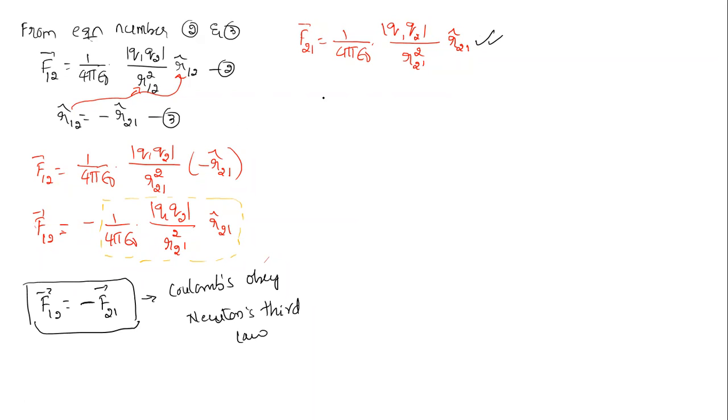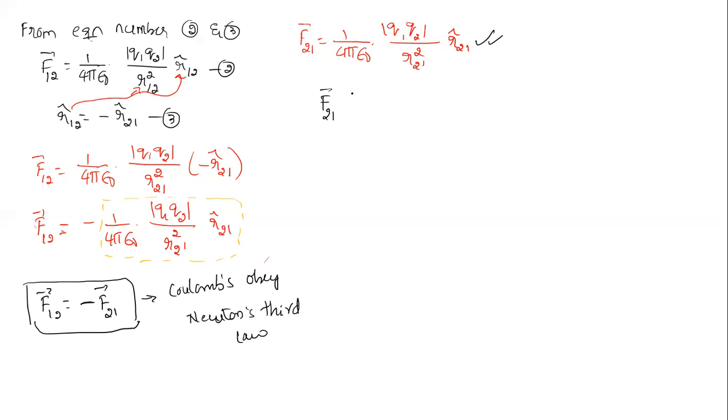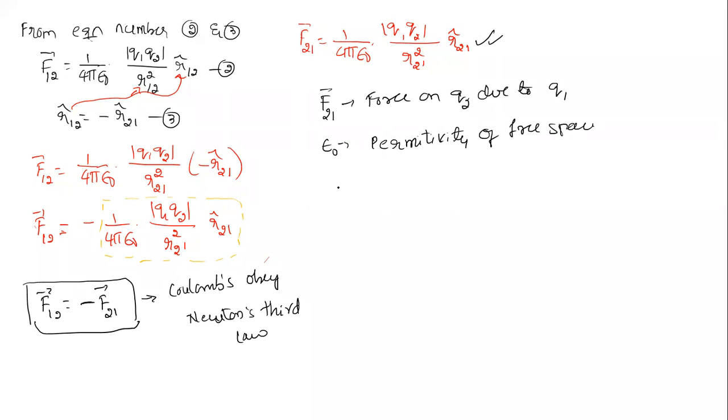So once again, what is F21? That is already given to you in the previous slide. F21 is the force on Q2 due to Q1. What is epsilon naught? Permittivity of free space. And what is R21 cap?